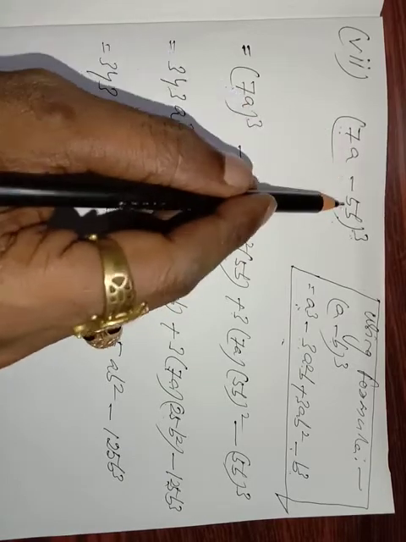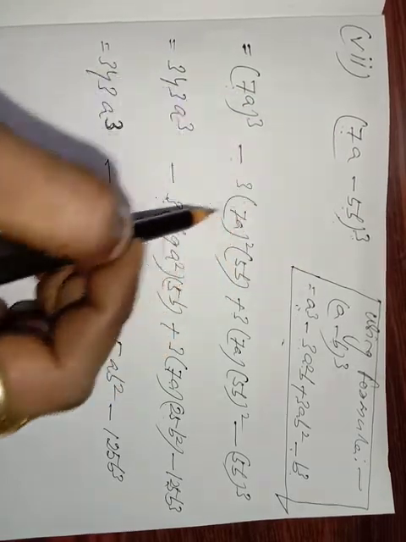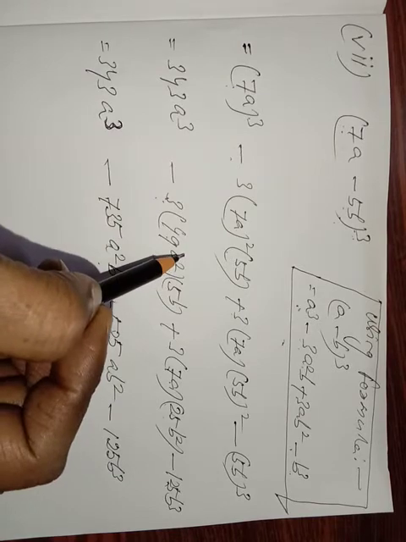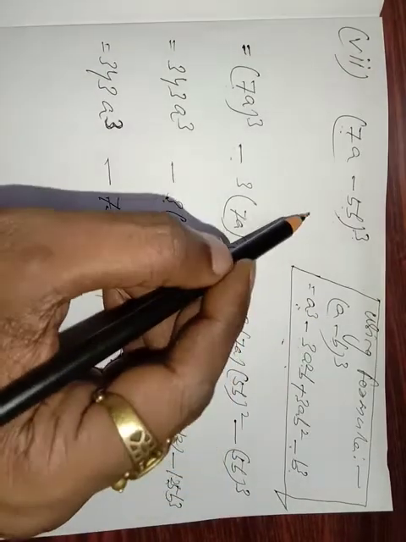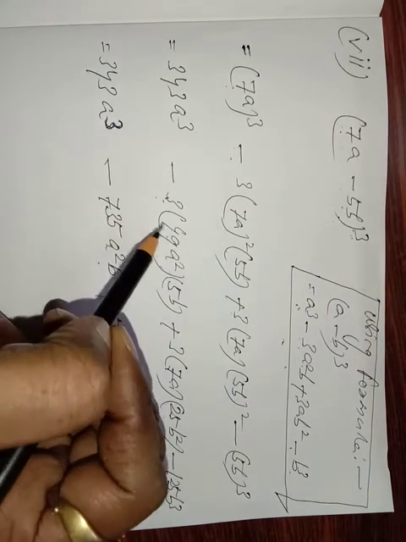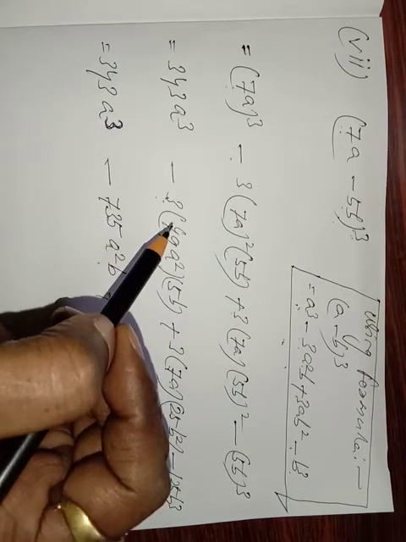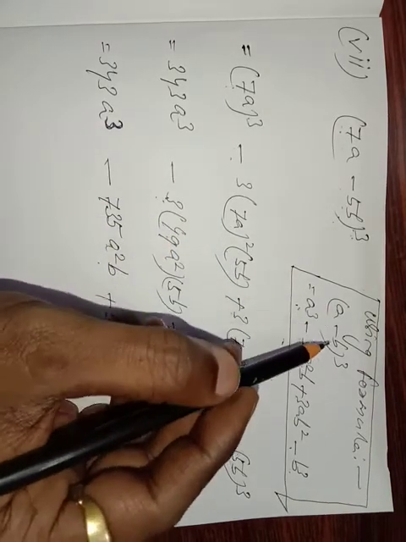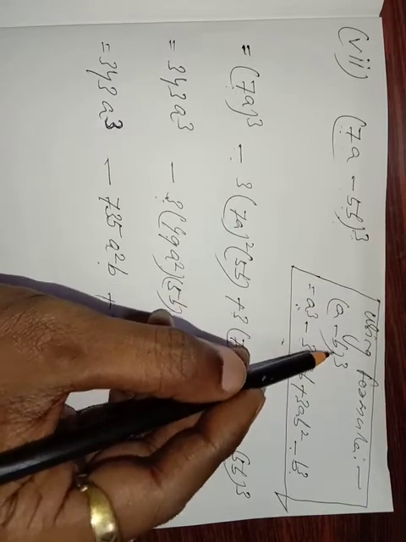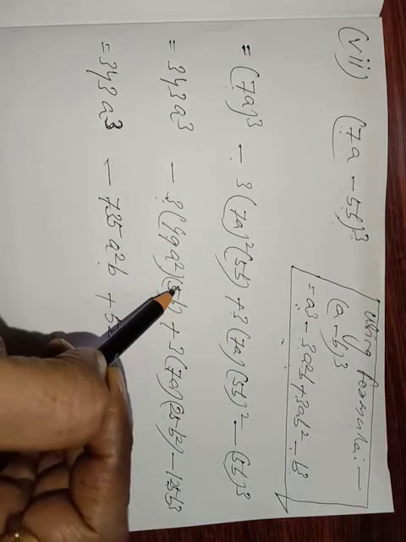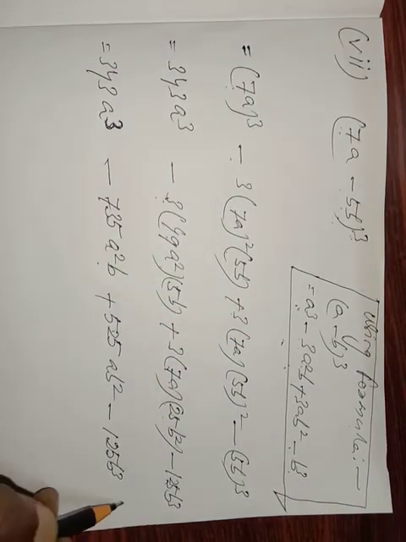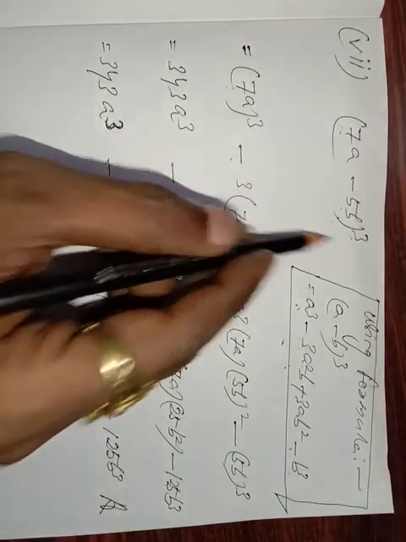Before going to the sums, the main target is to memorize the (a − b) whole cube formula, then it will be easier to understand the sums. Otherwise you will find it more difficult. If you memorize it, the sum will be easy to solve. This is the answer of (7a − 5b) whole cube.